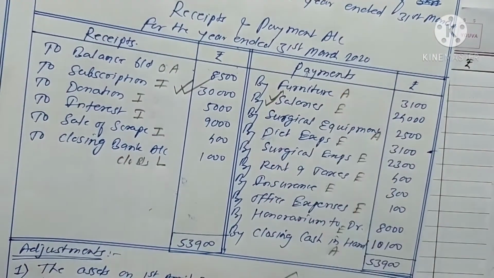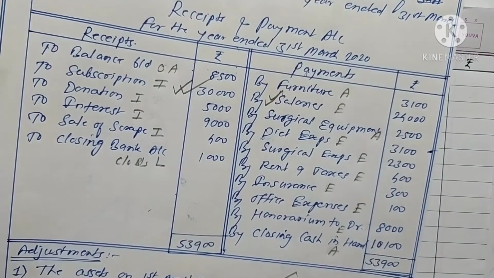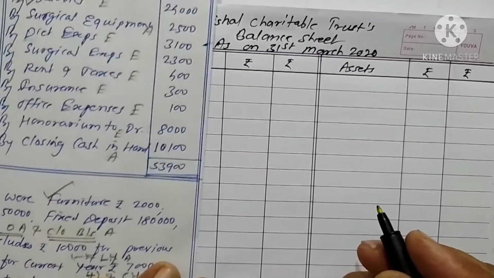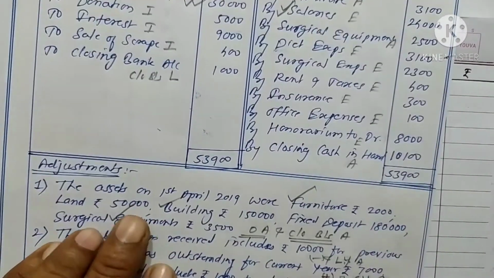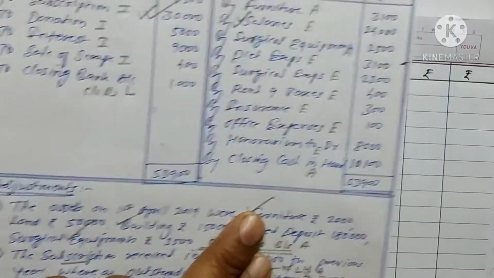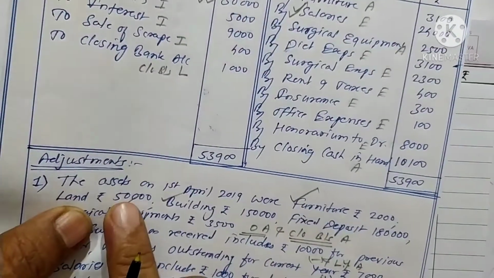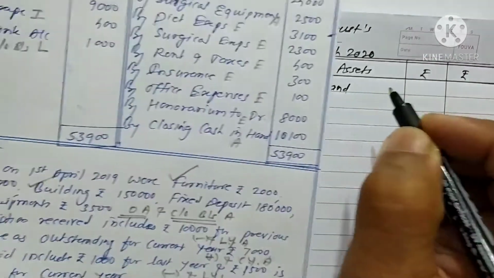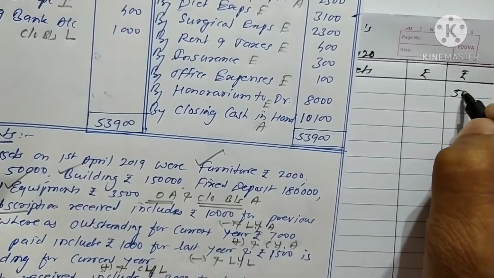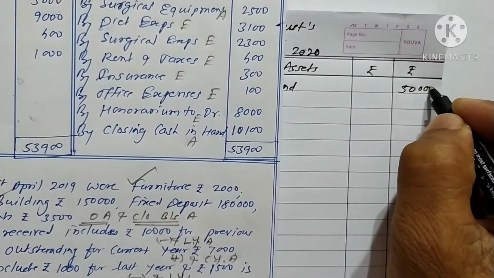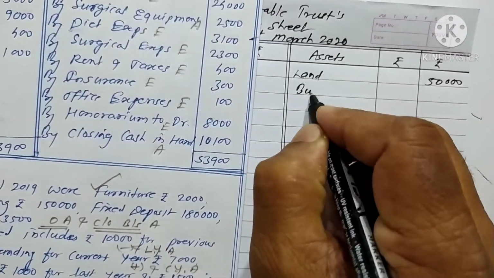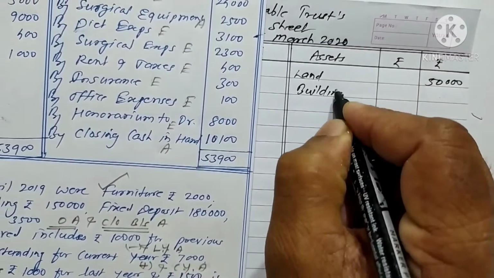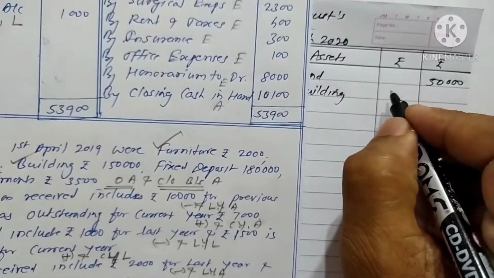First we have to write long-term assets: land, building, and then furniture. Land rupees 50,000. Next is building rupees 1,50,000.